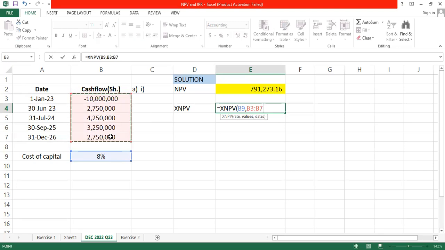Then comma, then you pick the dates, from the first date to the last one. Then, of course, close the bracket and press enter.